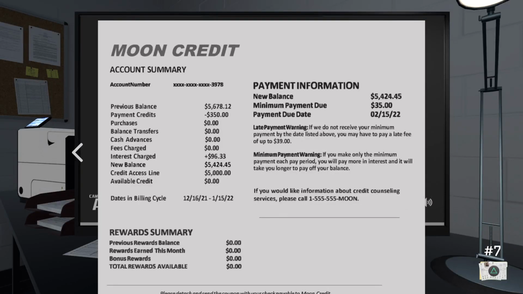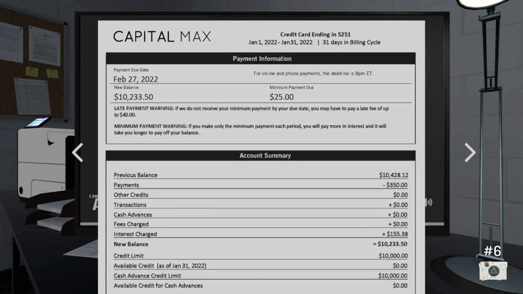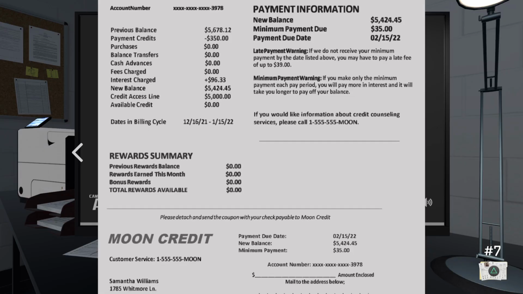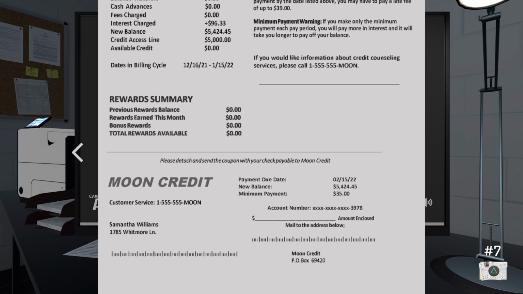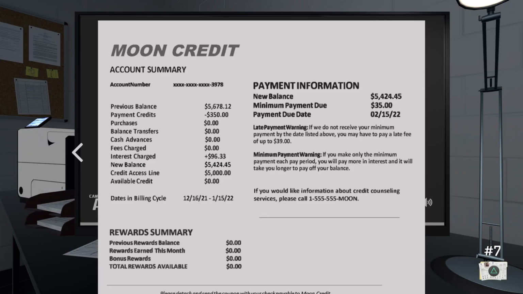Then we have Moon Credit. $3,978. 5251. So it's two credit cards. Oh, okay. So there's two credit cards to pay at the same time. That's why it's bi-weekly, since it's monthly. But that credit card, she has $5,678 to pay.